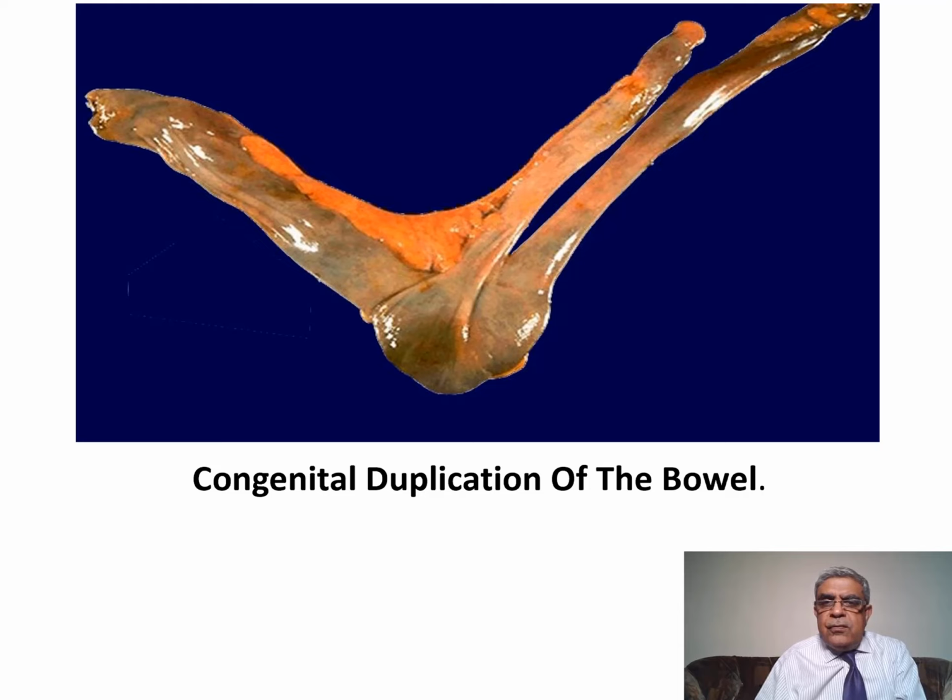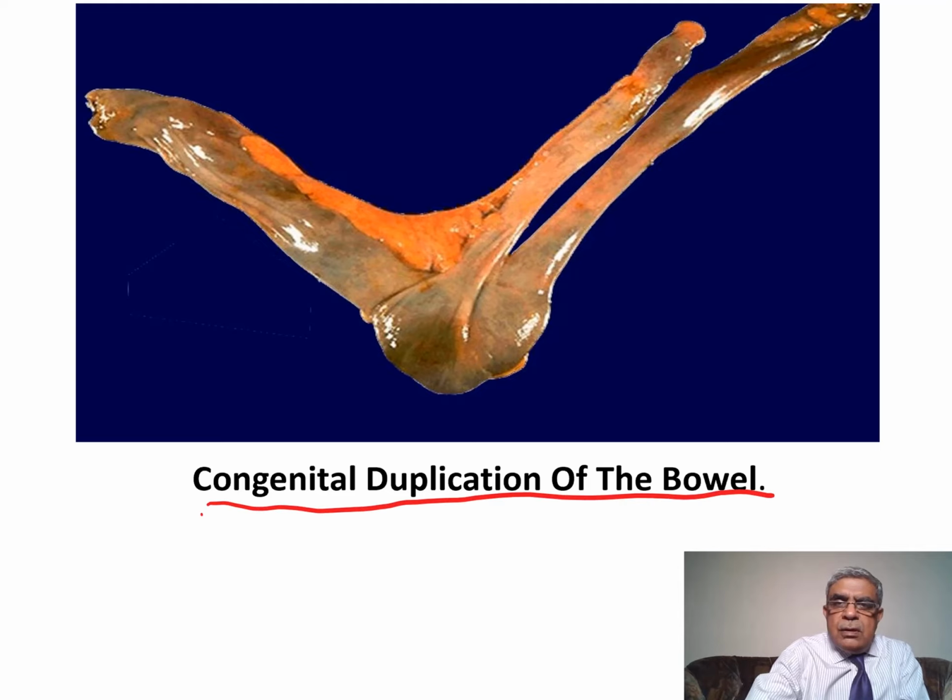Now this is the photograph showing the gross appearance of congenital duplication of the bowel. You can see this one is the normal, whereas this one is the duplicated.